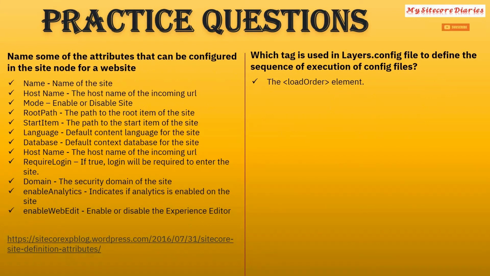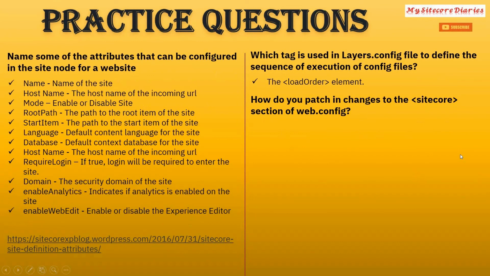There is new configuration introduced by Sitecore. They created the layers, and within the layers we can define when you want to execute which files. Okay, on this I have written a detailed blog. I will be sharing that link, but in a few weeks we will also have a video on this topic.